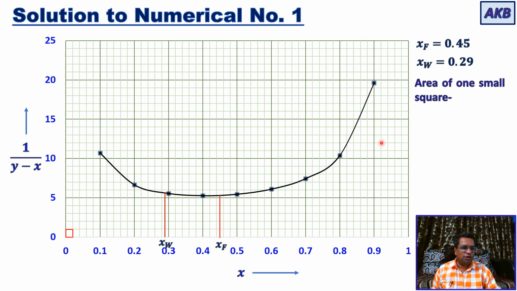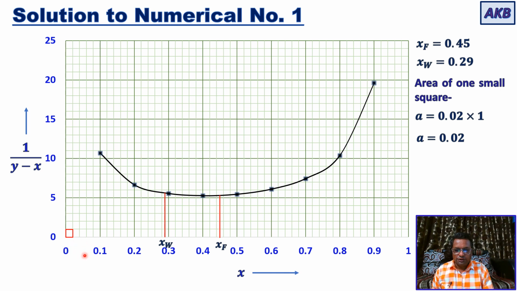The area of a small block or small square is 0.02, the dimension on the x-axis, and 1, which is the dimension on the y-axis. So the area of one small square is 0.02 into 1, which is nothing but 0.02. Are you understanding why 0.02?